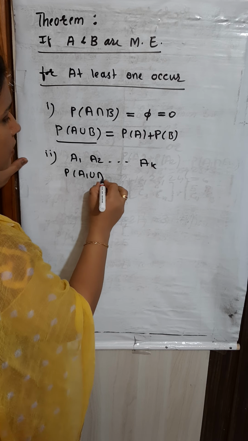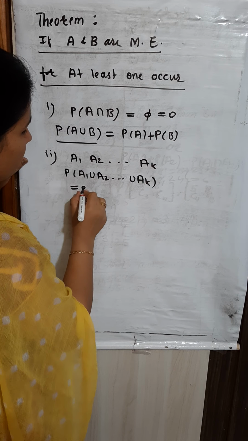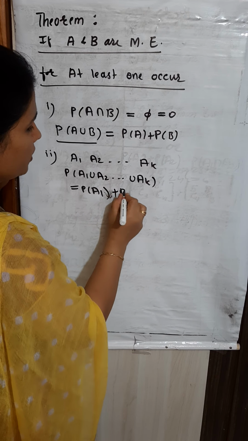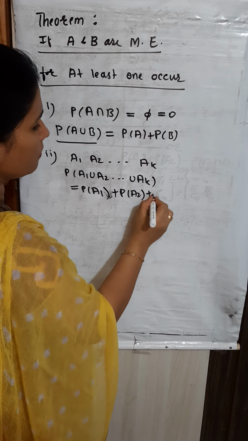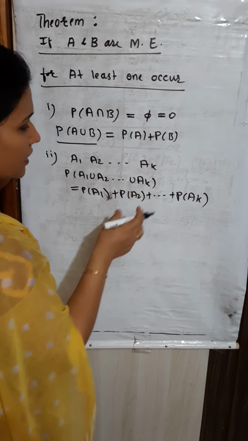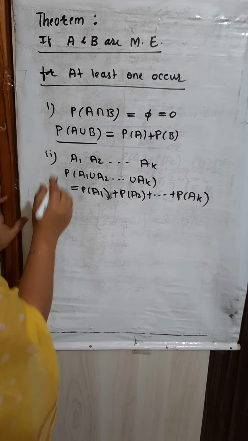So A1 union A2 and so on up to union AK will be equal to probability of A1 plus probability of A2 plus so on probability of AK. Because their intersections are 0, the subtraction term will not come here. This is the second theorem.